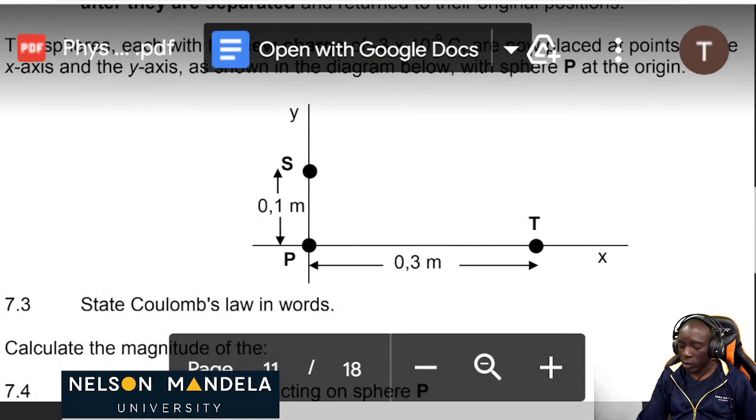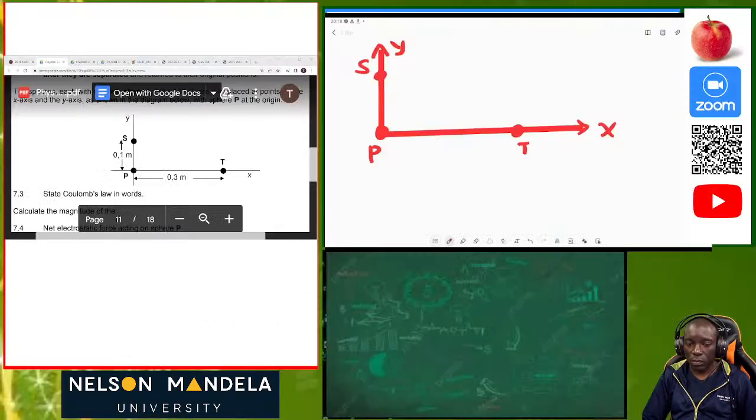Sphere P is at the origin, T is along the x-axis and S along the y-axis. The distances are given as 0.1 meters, and P to T, the separation is 0.3 meters.